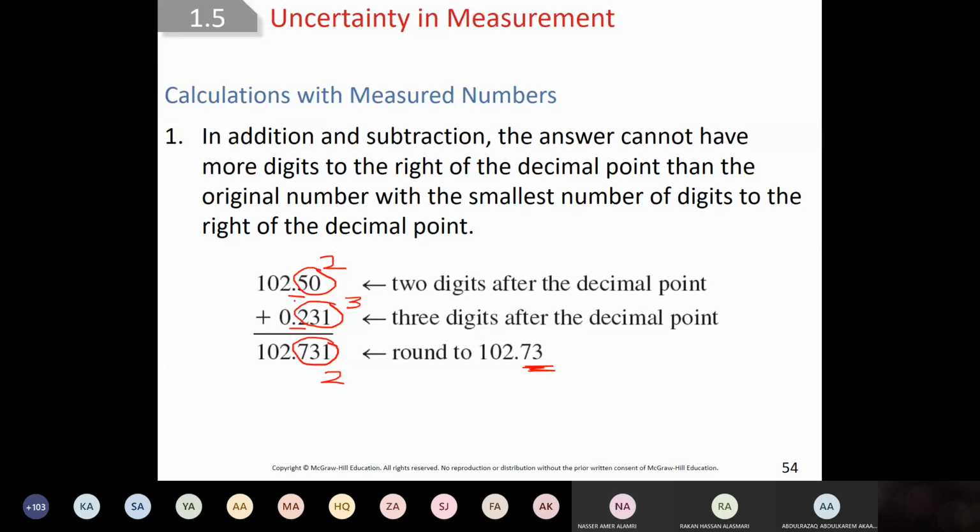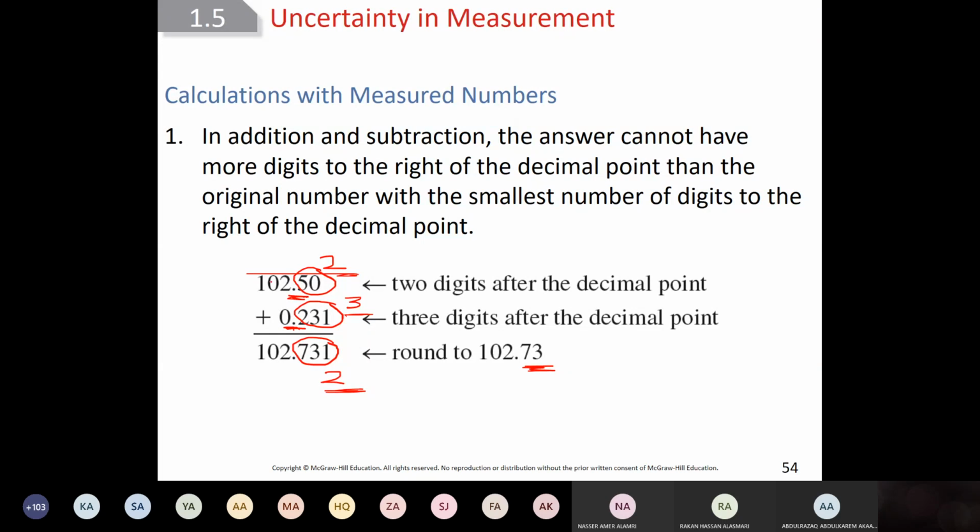Put the decimals under each other, then add normally using your calculator. Then count the digits only after the decimal, not before. Your answer should have the same number as the least. If there is 2 and 3, your answer should have only 2.